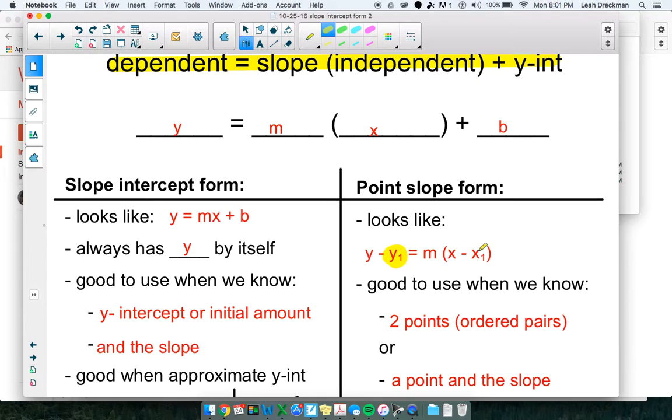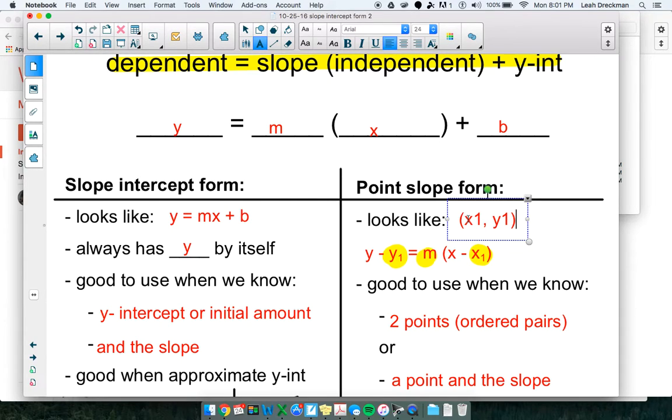So like y1 and x1 just represent some ordered pair on the graph. So off to the side, let's just write that. Let's put that x1 comma y1. And I'll make those subscripts here.